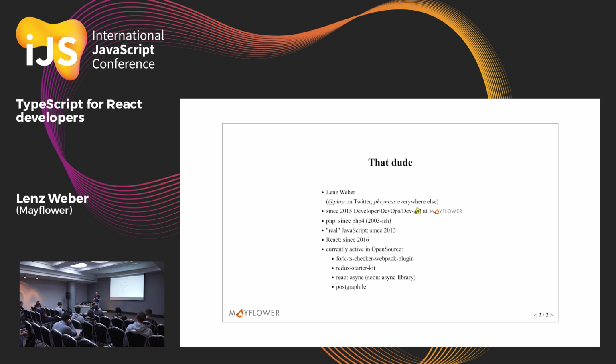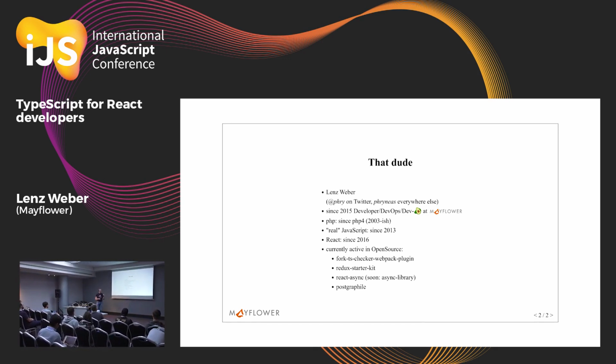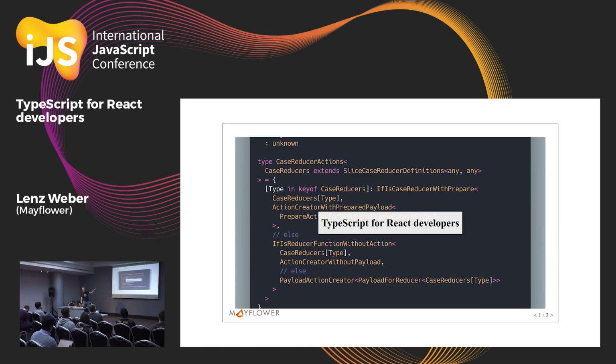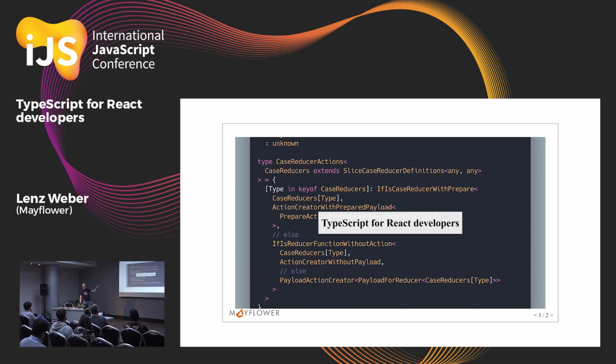Most relevant for this talk is ForkTS Checker Webpack plugin, which is a plugin for Webpack which does type checking of your TypeScript code. If you are using Create React App with TypeScript, this is running in the background, and I'm one of the contributors there. Also relevant for this talk is Redux Starter Kit, because I did a lot of the types for Redux Starter Kit, and this actually is a part of one type definition in Redux Starter Kit.